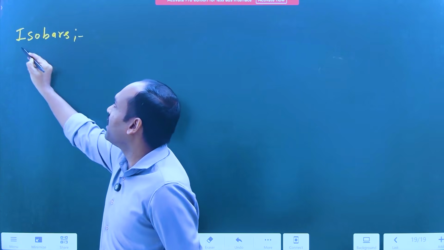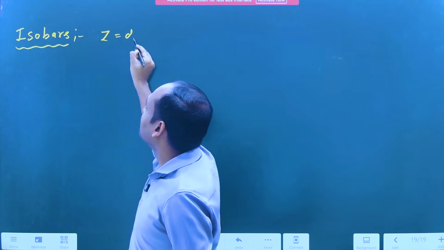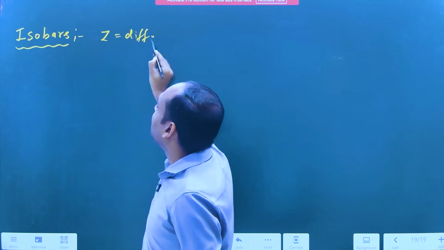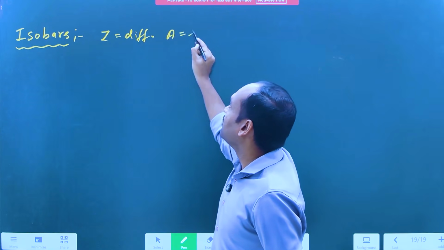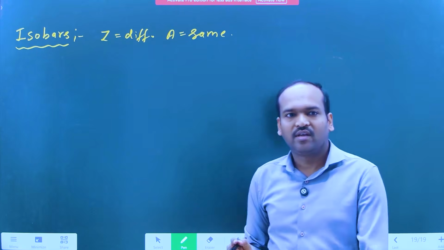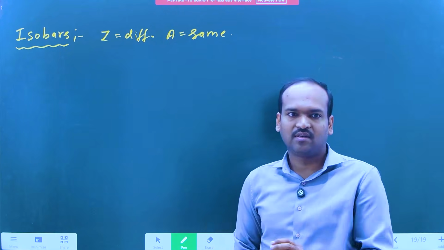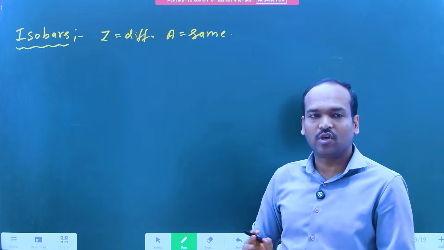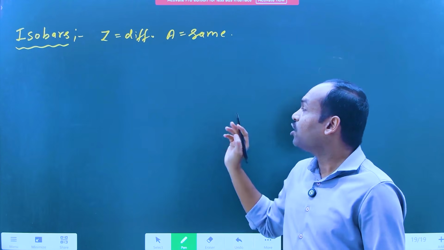Next, after isotopes, are isobars. For isobars, Z is different but A is the same. So are you able to write the definition now? Atoms of different elements having the same mass number but different atomic number.